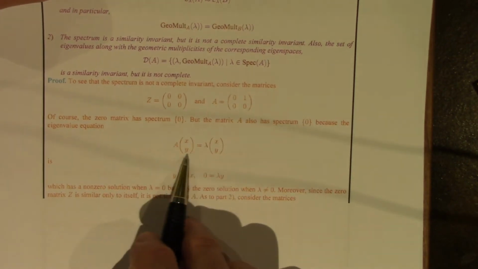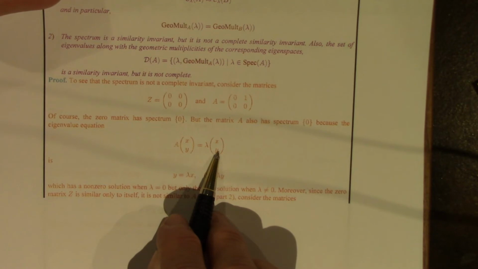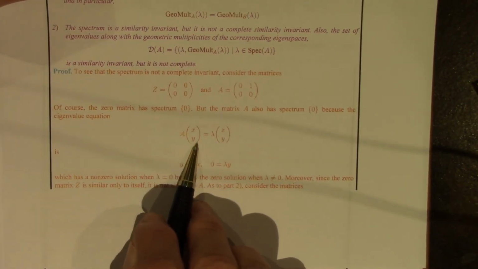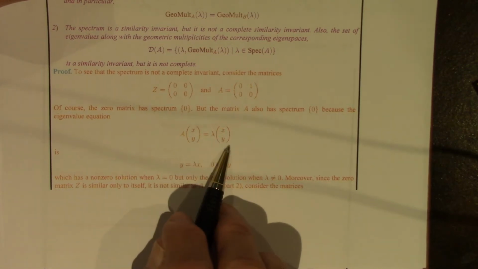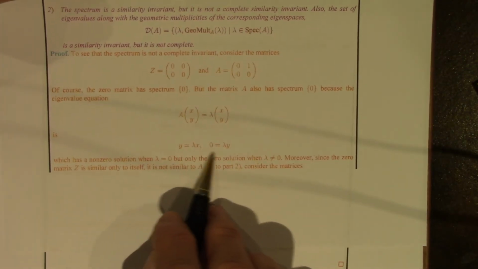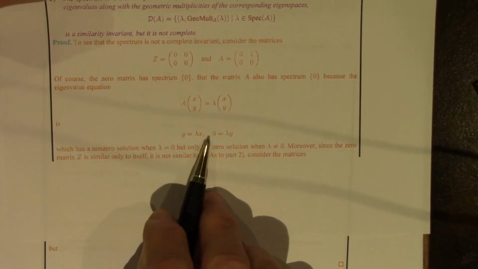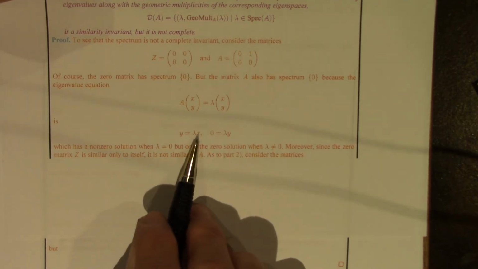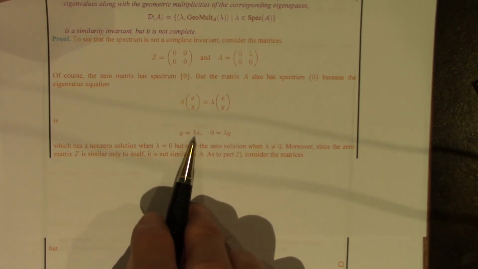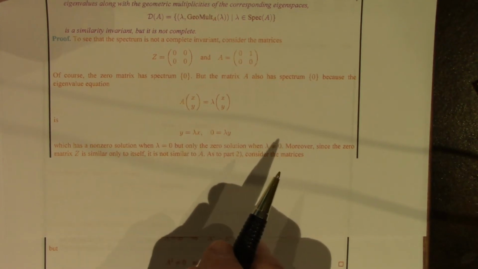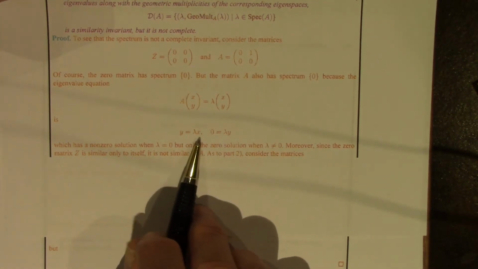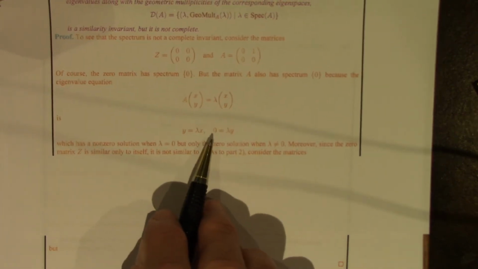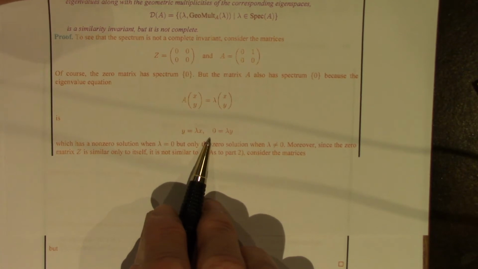But for this one, we set up the eigenvalue equation: A times an arbitrary vector (x, y) equals lambda times (x, y). It looks like this, and this has a non-zero solution when lambda equals 0, but the only solution when lambda is non-zero is the zero vector, which is not an eigenvector.